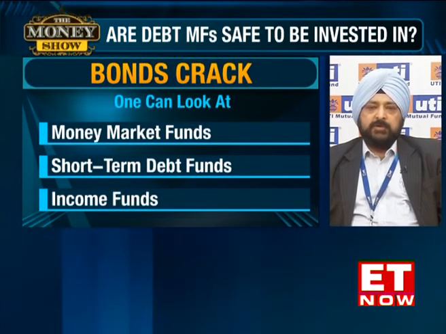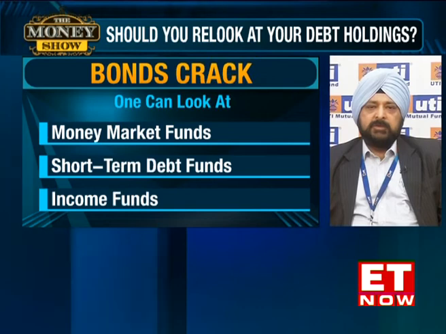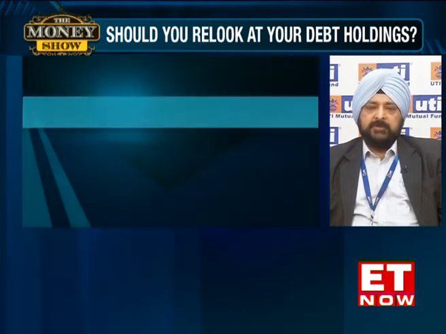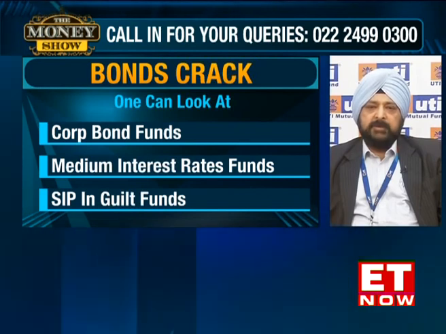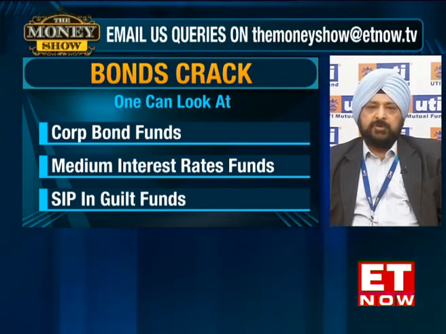Going forward, I think the interest rate environment will remain quite benign. This will also lead to a potential further rate cut by the RBI, and that can also benefit funds running modified durations between 2 to 3 odd years.